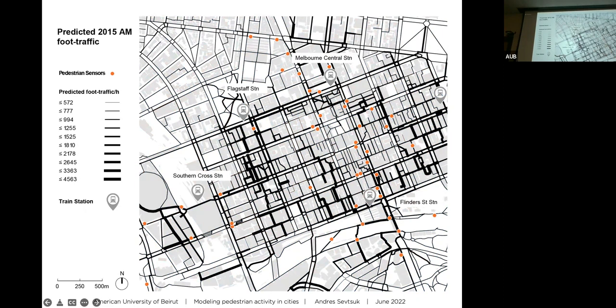To know that in the morning peak period we estimate that these streets have that many people, and we could take it apart by trip type. For instance, we could examine only the routes to schools, people taking their kids to school, or going to public transport. So this could potentially be an input to many decision makers. Where do we invest in a better sidewalk? Where do we do street calming?